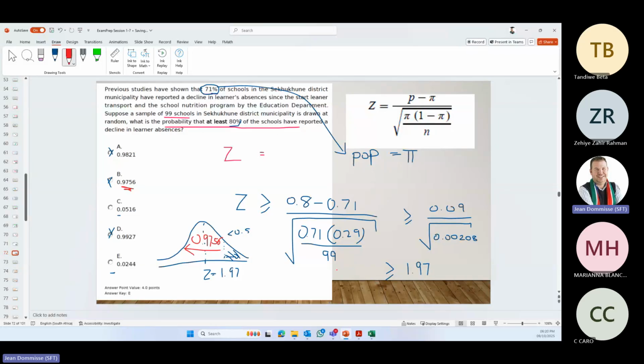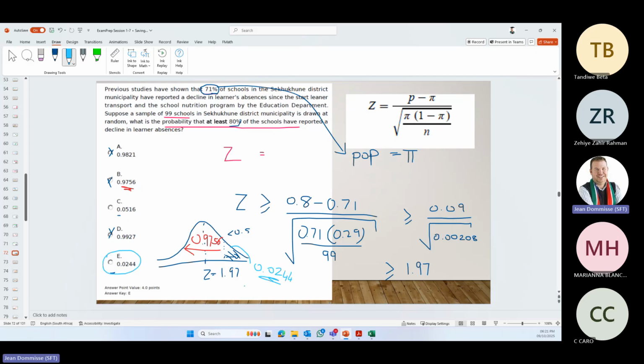We need to say 1 minus that to get the smaller area. So 1 minus 0.9756 is equal to 0.0244, which is what we're looking for.